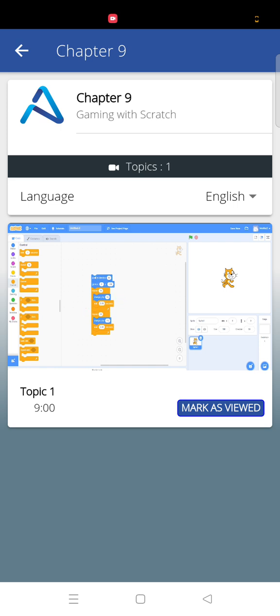Now let's execute this. So now we can observe that the cat is jumping in a much smoother way than in the previous exercise.